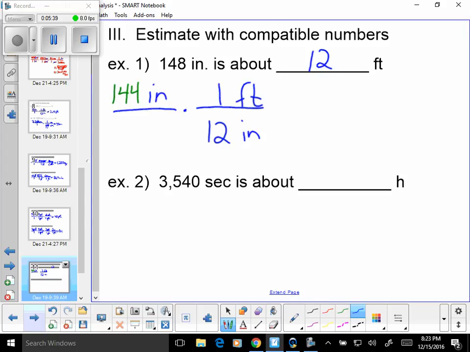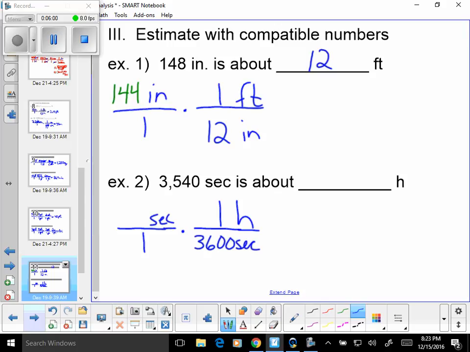Okay, now I'm going to do the same kind of thing over here. Oh, I should put this over 1, I'm sorry. Seconds, we know it's over 1. I want to get to hours. Now, we learned that there are 3,600 seconds in 1 hour.